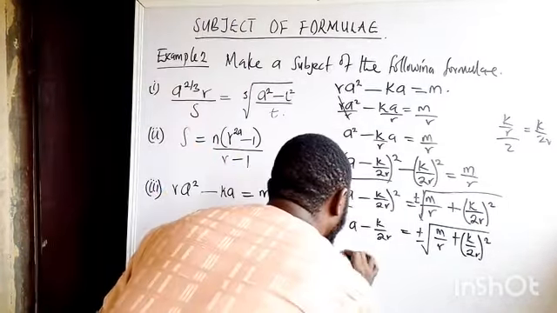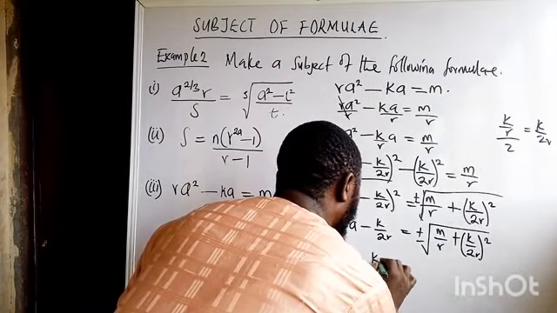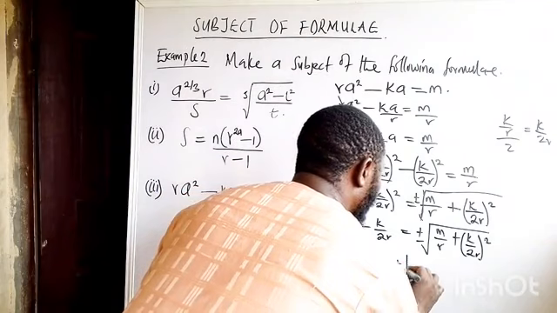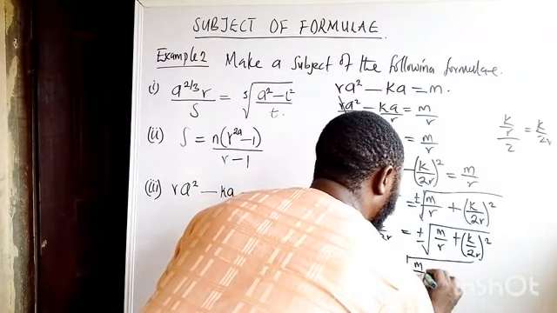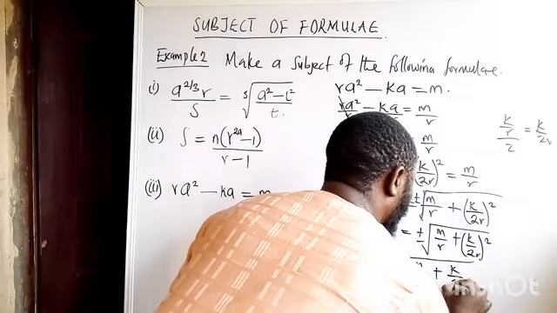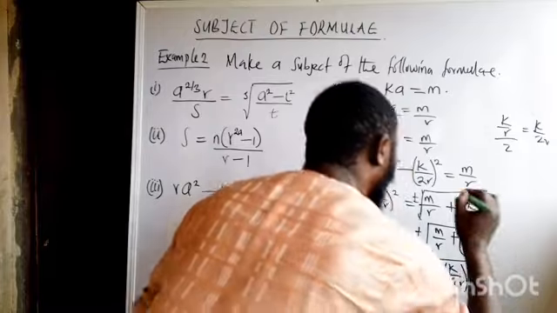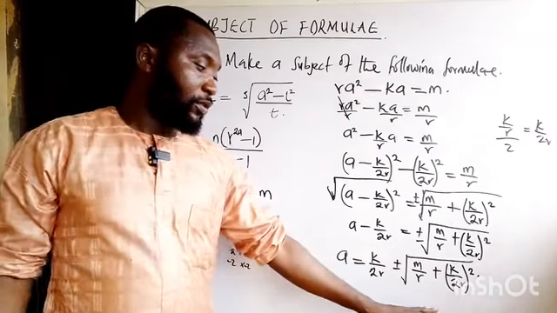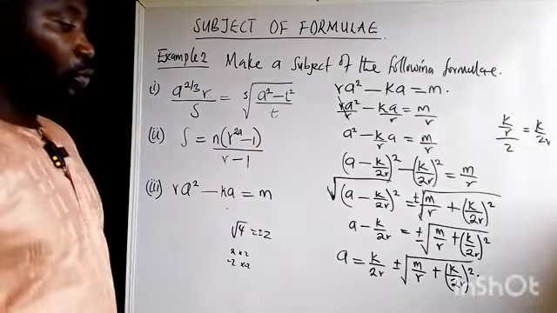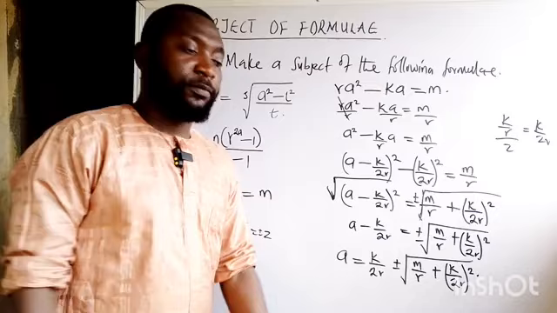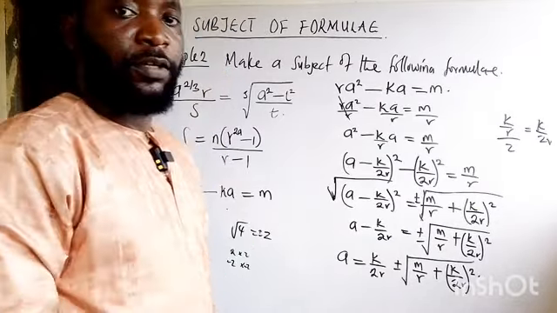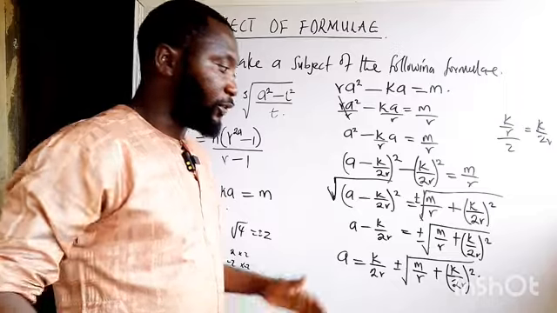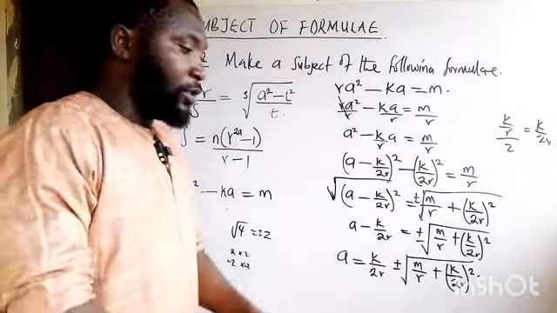So now you have a equals k over 2r, plus or minus the square root of m over r plus k over 2r, everything squared. And we are able to make a the subject here also. So try as many questions as possible. Practice, practice, practice. So we stop here for now.